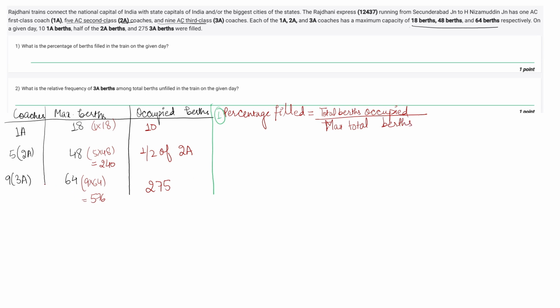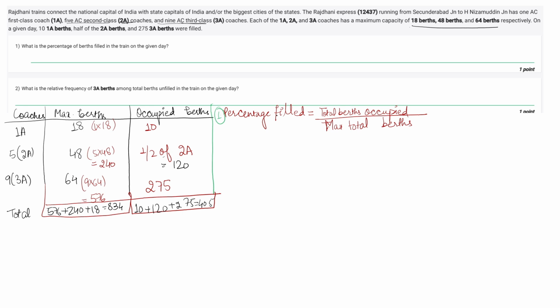So if we make the total of this, we have a column here called total. If we add all of them, that is 576 plus 240 plus 18, we will have 834. And here if we add all of them, that is 10 plus 120 plus 275 is equal to 405.